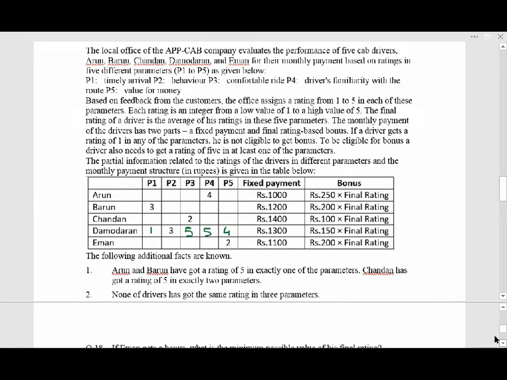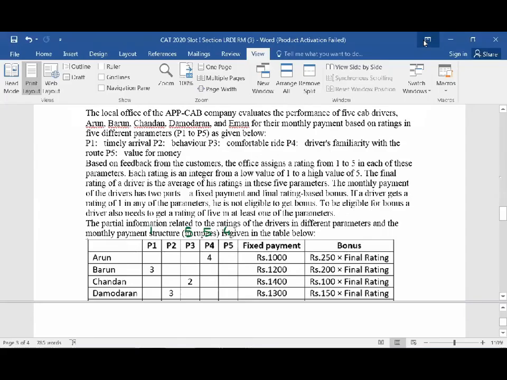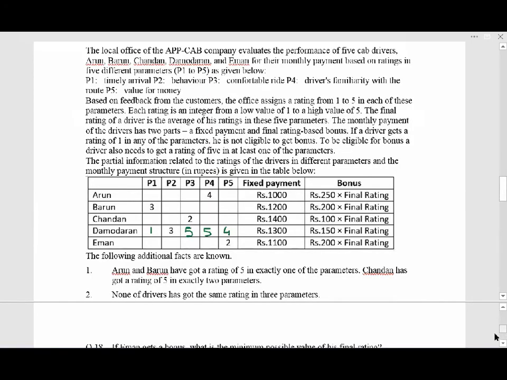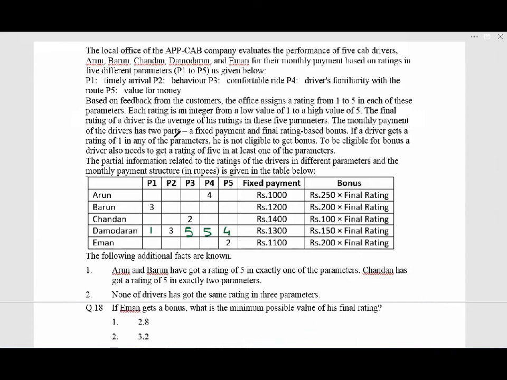Next question, if you see, it's just the reverse concept. Asking about the minimum possible value of final rating. If Iman gets a bonus, first of all, in none of the parameters can he get 1. And in 1 parameter he has to get 5.